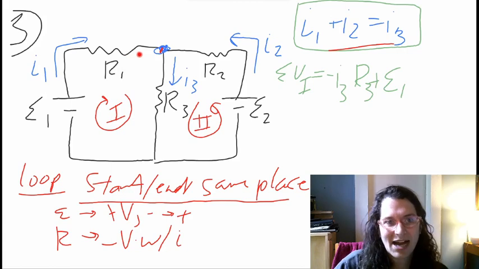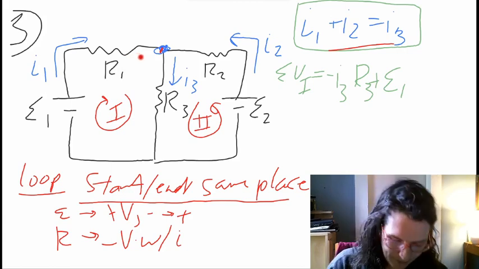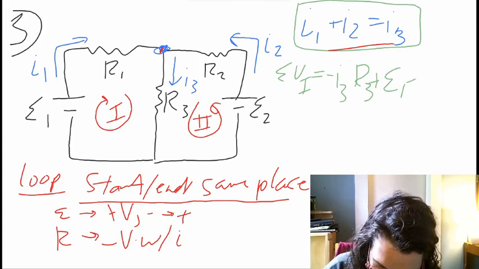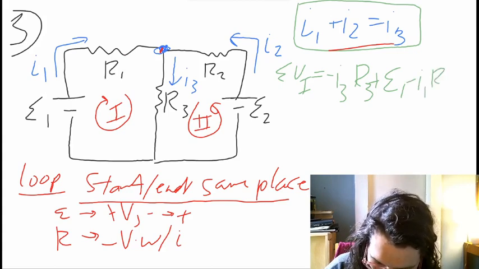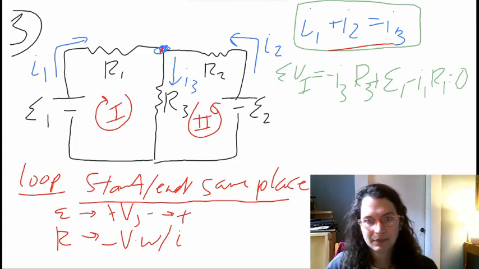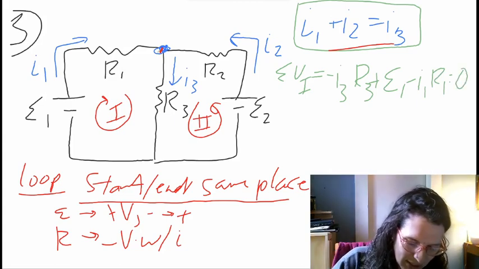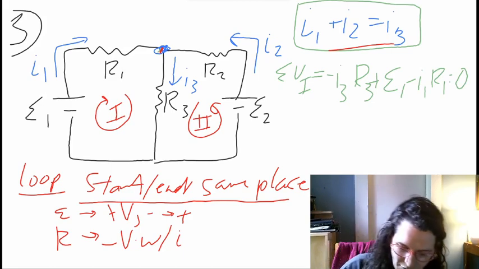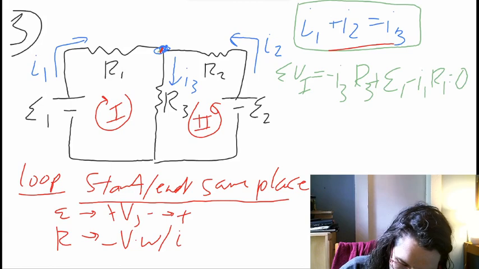So I have to subtract again the IR through that, which is minus I1 R1. And then this whole thing has to be equal to 0 because I end up back where I started, and thus that's loop 1.